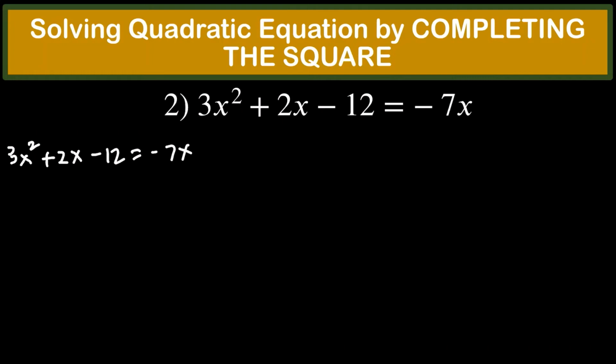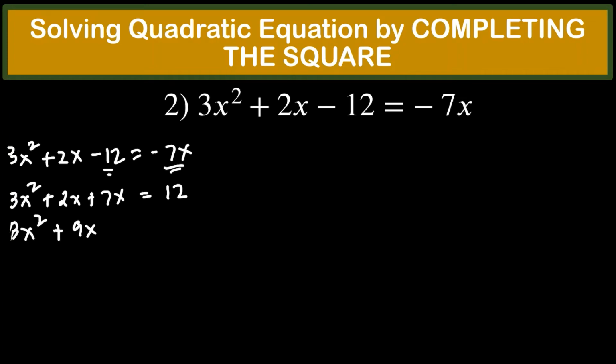So the same thing that we will do here, only that we need to transpose this to the left side of the equation, and this -12 will be transposed to the right side of the equation. So this will give us 3x squared plus 2x plus 7x equals +12. Okay, and simplifying, this will give us 3x squared plus 9x equals 12.